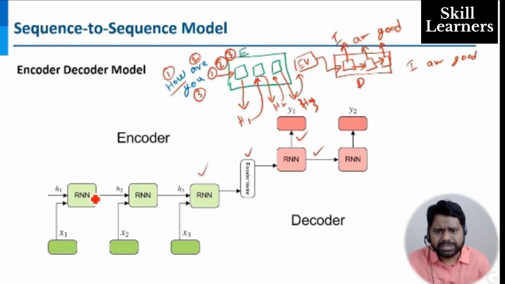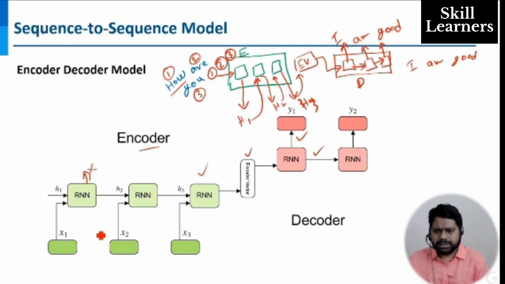But in the encoder, we don't have the output from the RNN. The RNN architecture of the encoder is such that it doesn't produce the output, or we don't store the output here. Instead, we provide the hidden state. So this is the basic structure of how encoder decoder works.